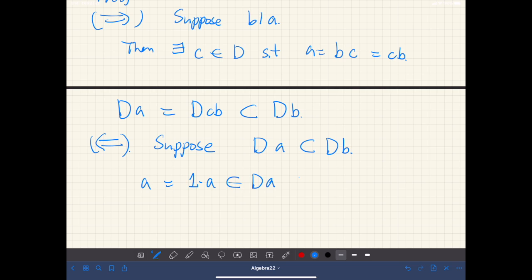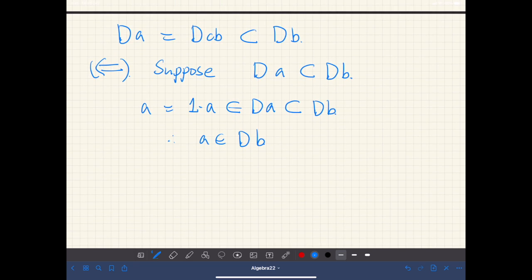But since this is a subset of dB, this means A is an element of dB. Therefore, there exists some element C in D such that A is equal to C times B. Therefore, B divides A, and we are done.